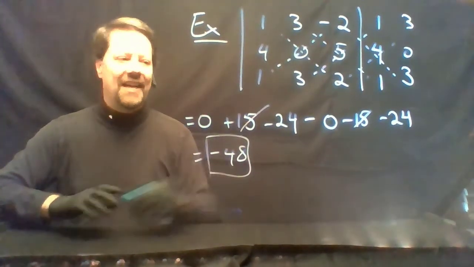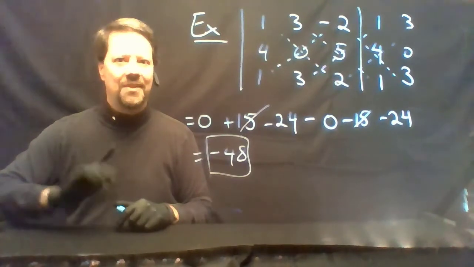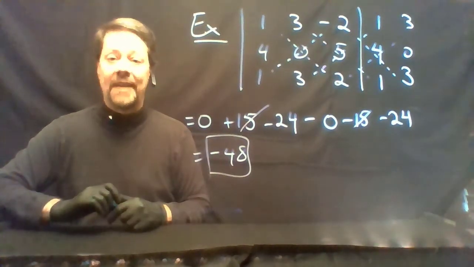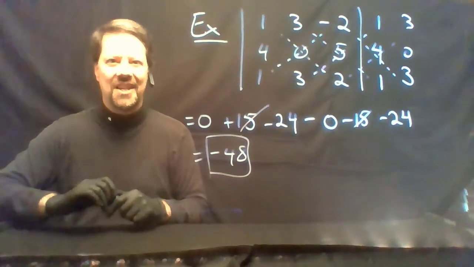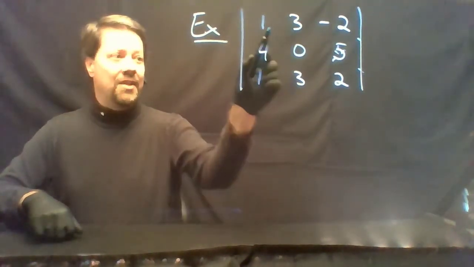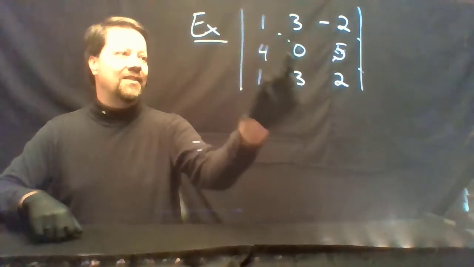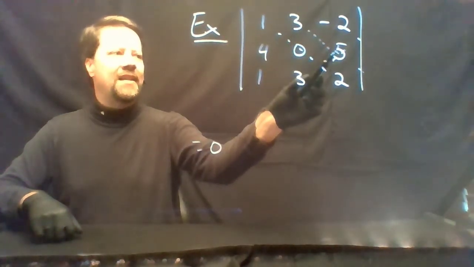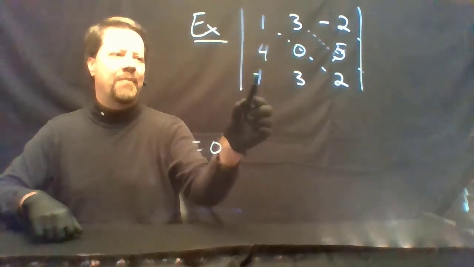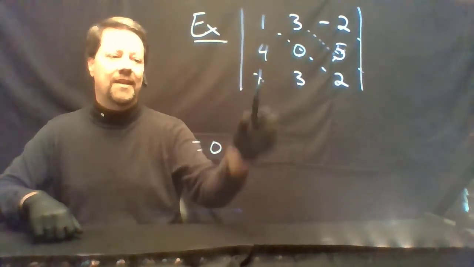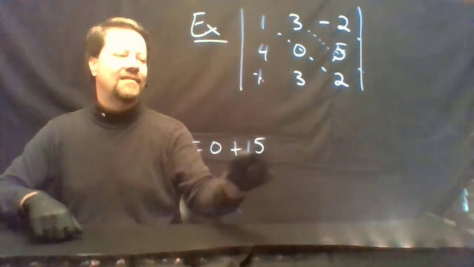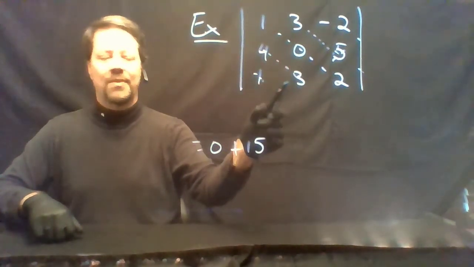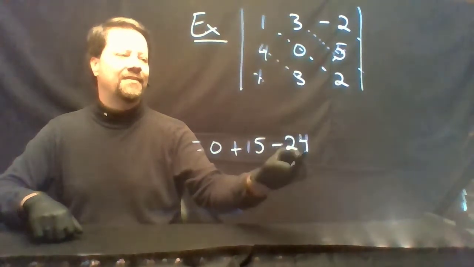You don't really have to copy the last two columns. All you have to do is keep track. There has to be 3 factors in every diagonal product. I'll show you how to do that. You continue to multiply down by diagonals, but if you get down to the end of the matrix, you have to wrap back so that you get 3 in the product. And up here we have negative 2 times the 12, that's negative 24.